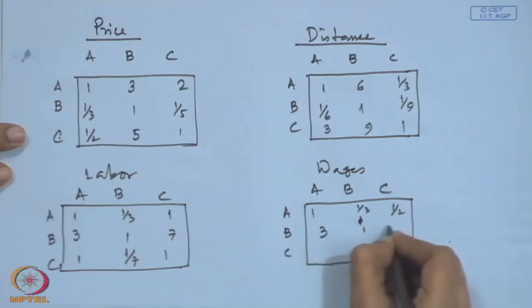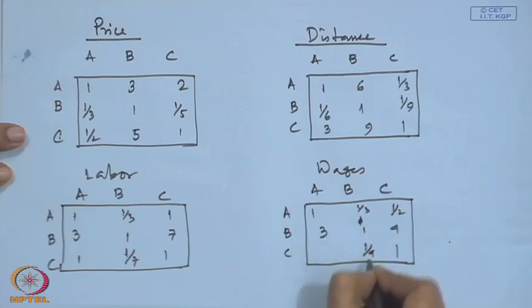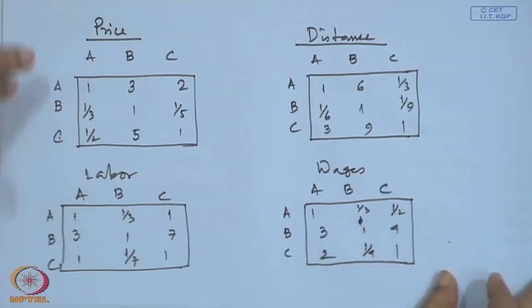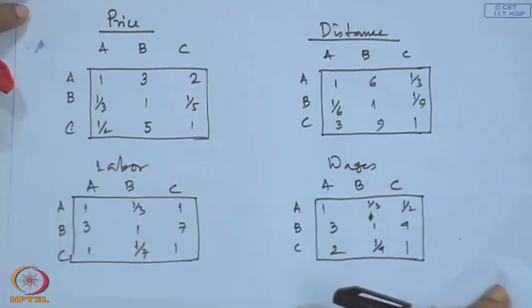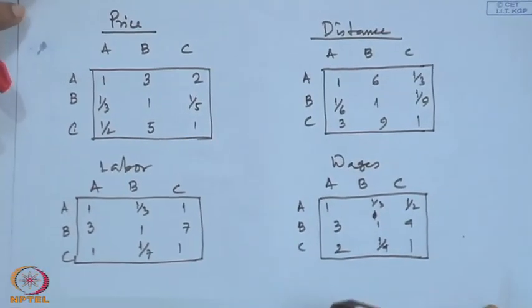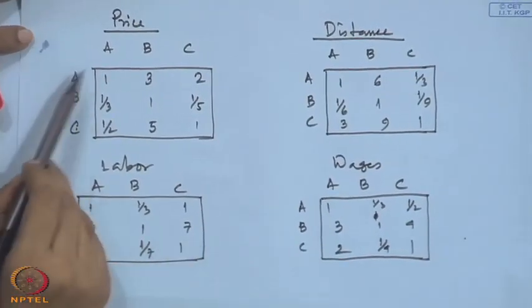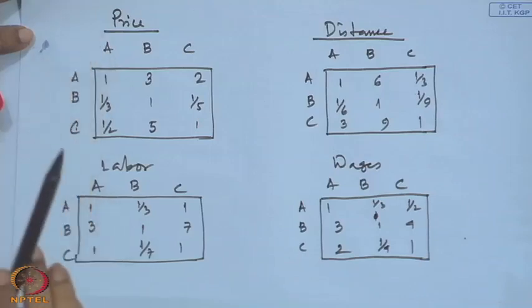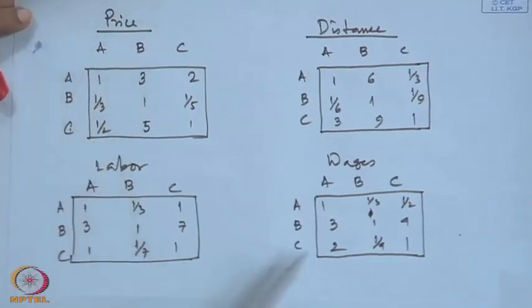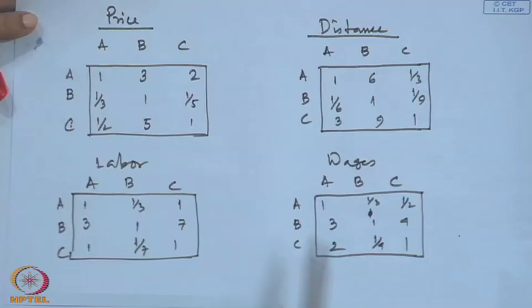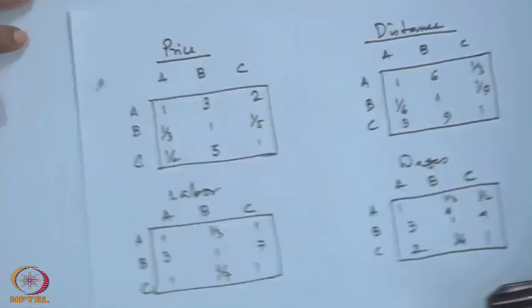This is 1, 4, 1 by 4, 2. Okay, that is the information given to us. These are all the pairwise comparisons of the alternatives with respect to a certain criterion. Since for this problem we are having 4 criteria with us, that is why we have done in this way.